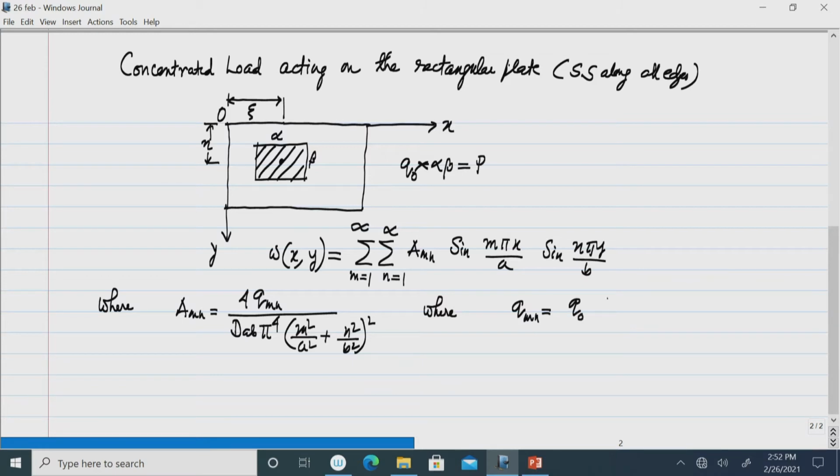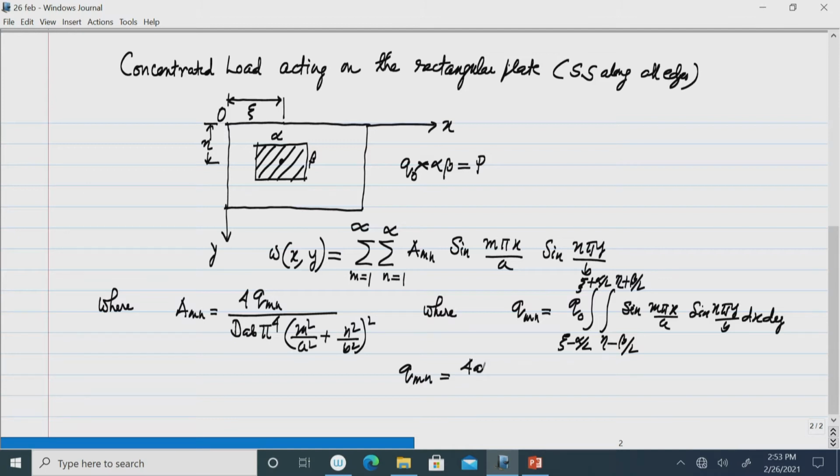The patch loading is Q naught, which is of constant intensity, and then we integrate between the limits xi minus alpha by 2 and xi plus alpha by 2 in the x direction, and eta minus beta by 2 lower limit and eta plus beta by 2 upper limit, of the function sin(m pi x by a) sin(n pi y by b) dx dy. We get an expression which we will now be using.